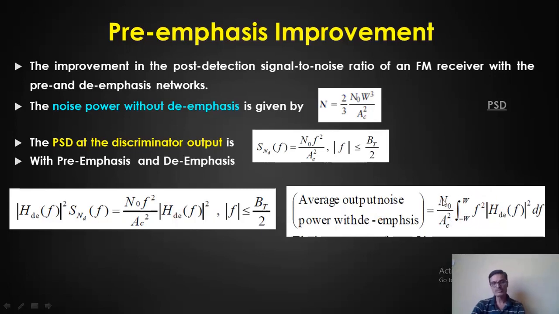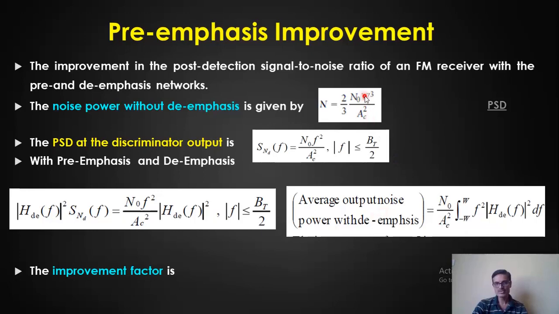Now the improvement factor is nothing but the ratio of the noise power without the de-emphasis circuit, that is this one, divided by the noise power with the de-emphasis circuit.